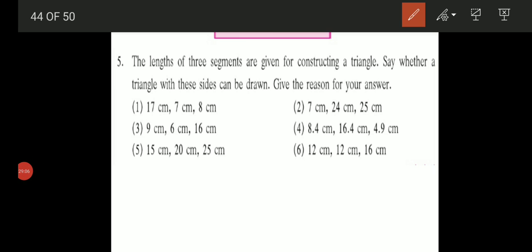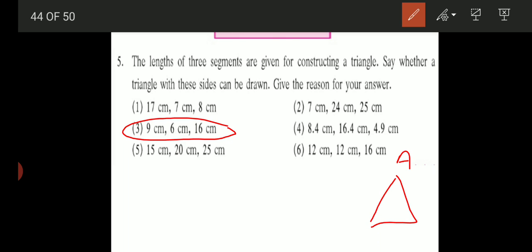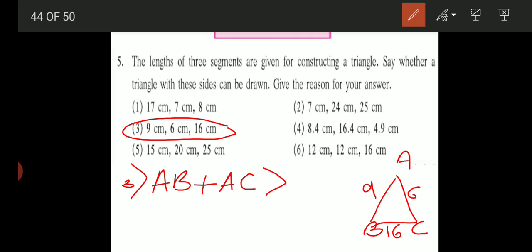Again in this third sum, children, if you locate the highest value for my rough figure that I'm drawing, the highest value is 16. So I write 16 and the remaining will be 9 and 6. Okay, so for this third sum, I take the combination that is AB plus AC again, which should be greater than BC.